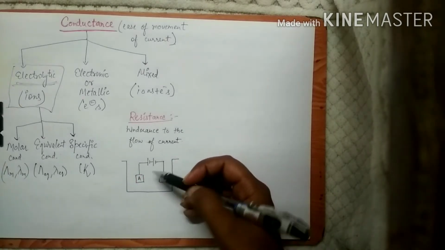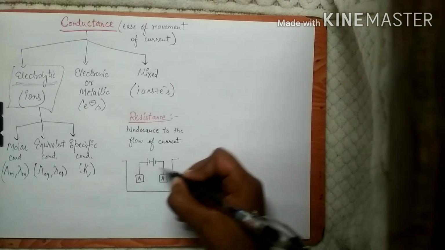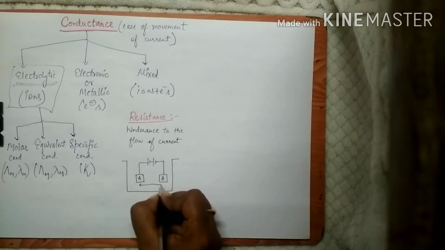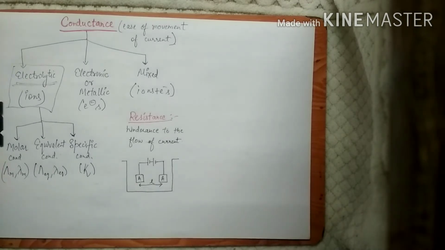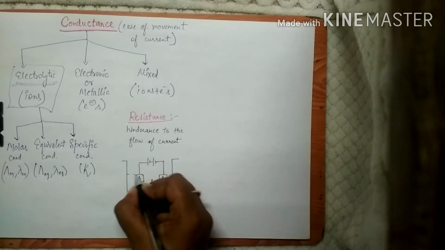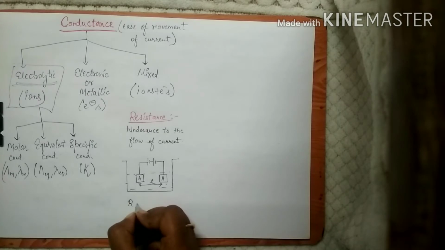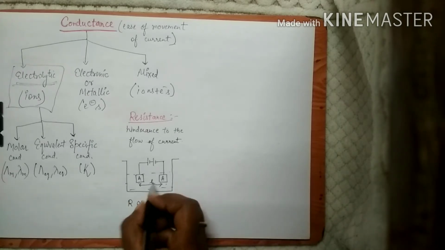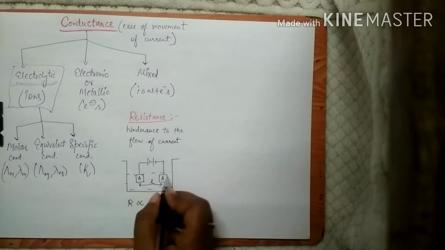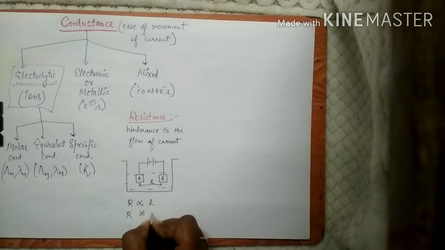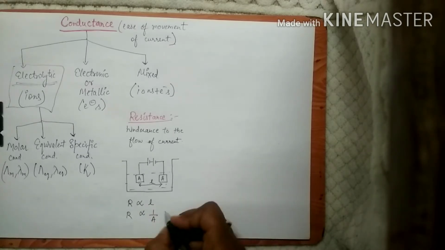And we have taken two plates each having area capital A, and the distance between them is small l. So suppose there is an electrolytic solution present here. So the resistance of this solution will directly depend upon this L value, that is the distance between these two plates, and will depend inversely to the area of these plates.